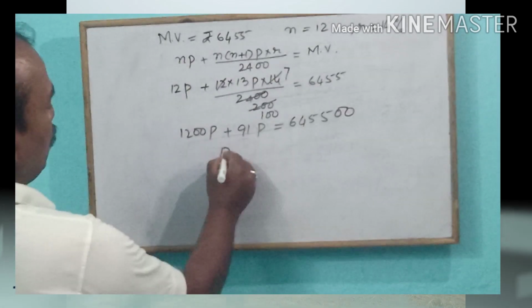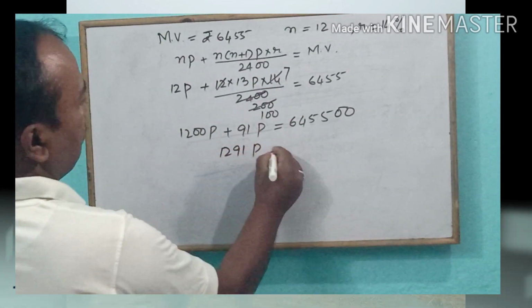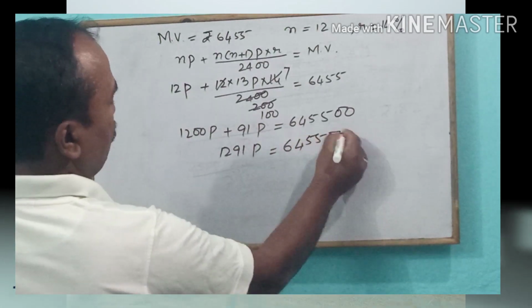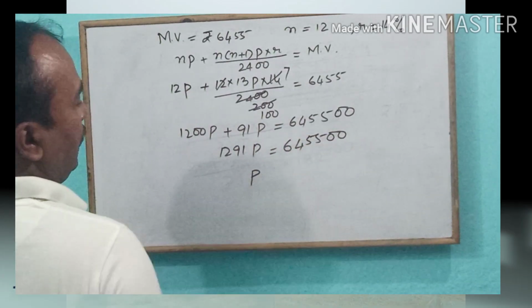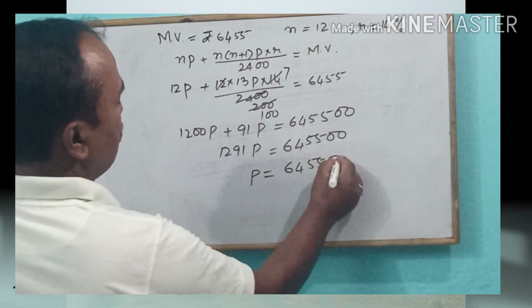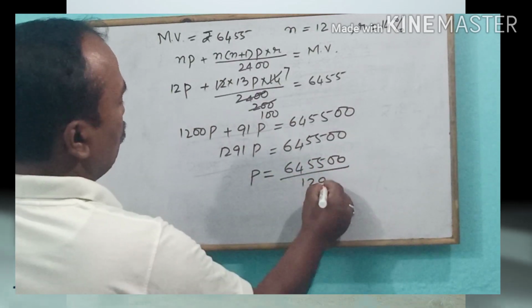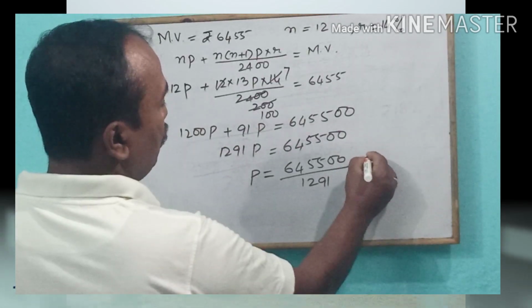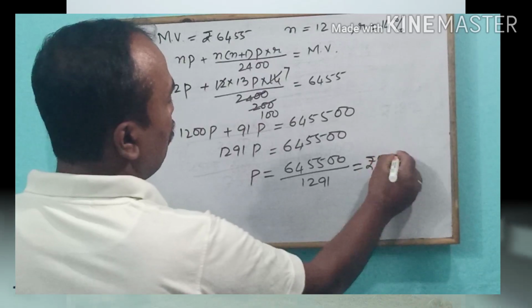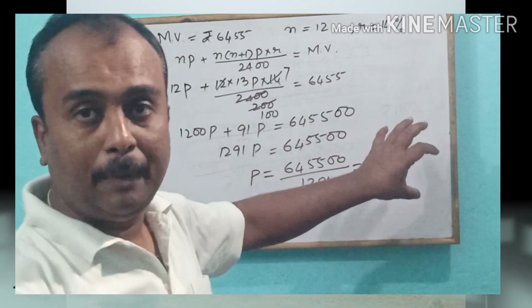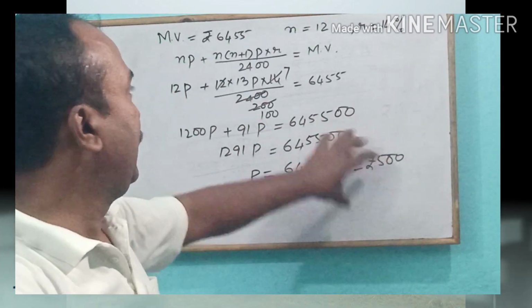So that is 1291P, that is 645500, or P is 645500 by 1291. On calculation, we see that it comes to rupees 500. So this is the per month installment that the person has to pay to get the maturity value.